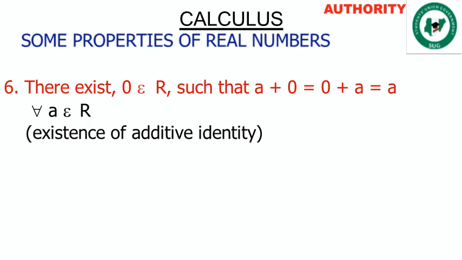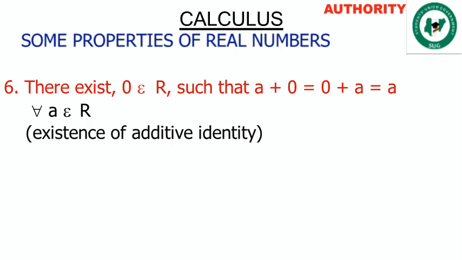They say, in real number, there exists a number, and this number is 0, such that when you add it to any other number, it will remain the same. You get it? There exists a number in the real line, 0, that when you add it to any other number in real number, it is the same. And this number is 0.